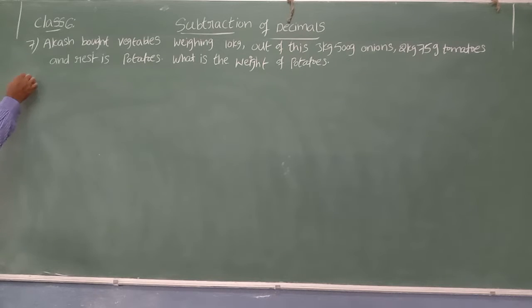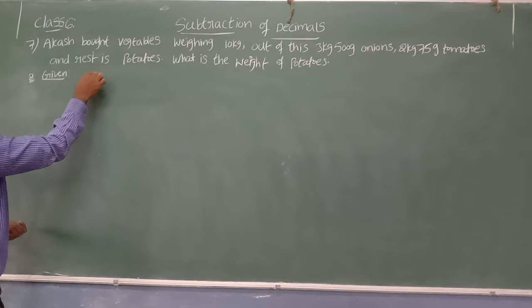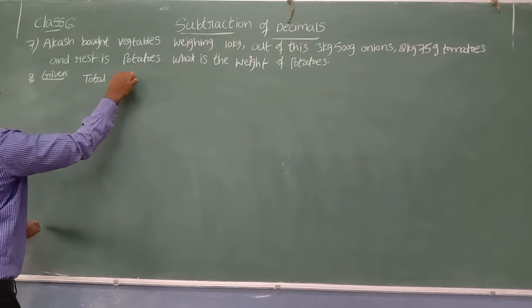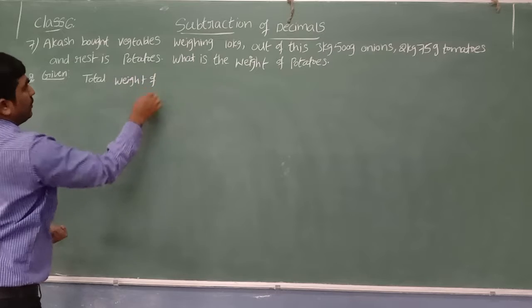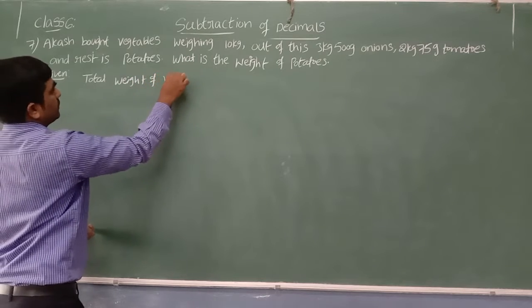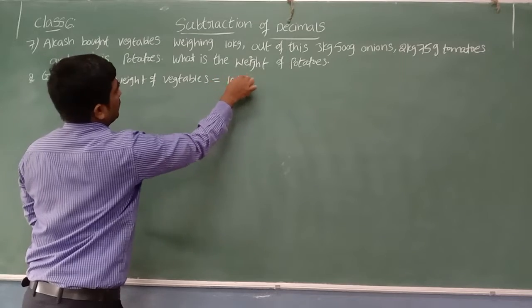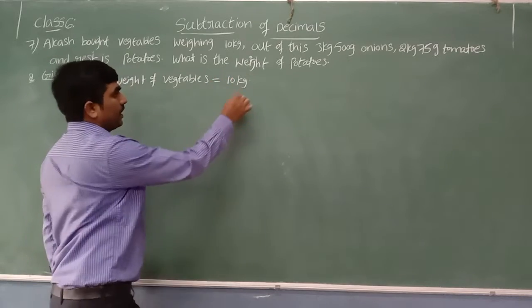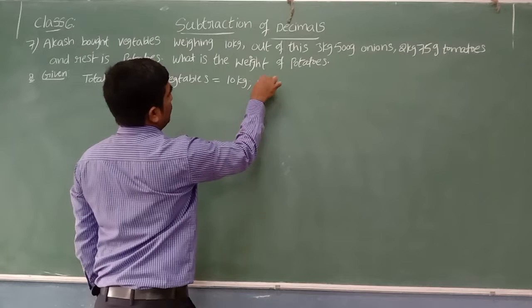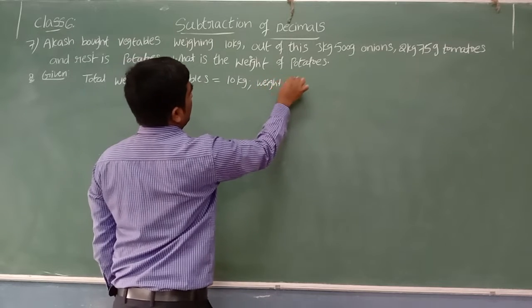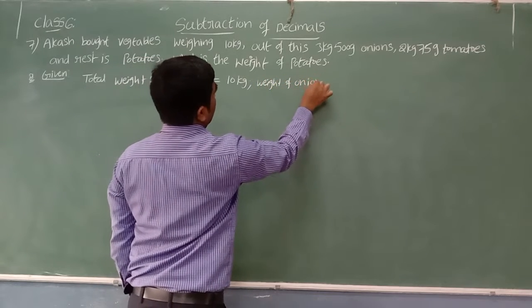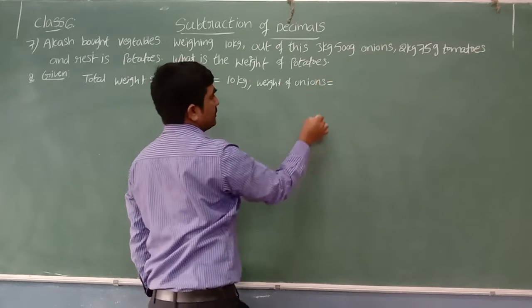Now see how I am going to write the solution. First we write the given data. Given: total weight of vegetables is equal to how much? 10 kg. And also given: weight of onions is equal to how much?